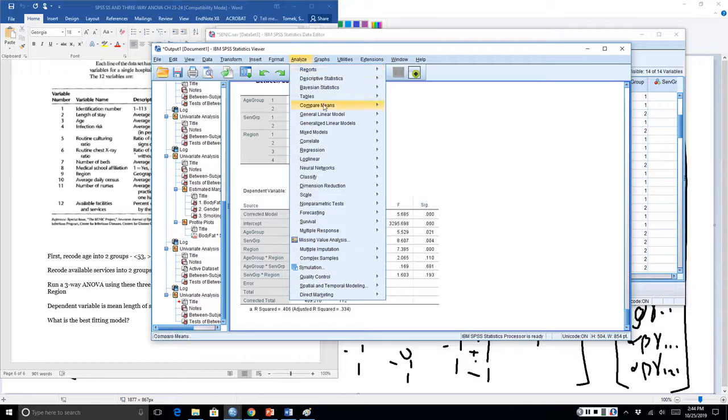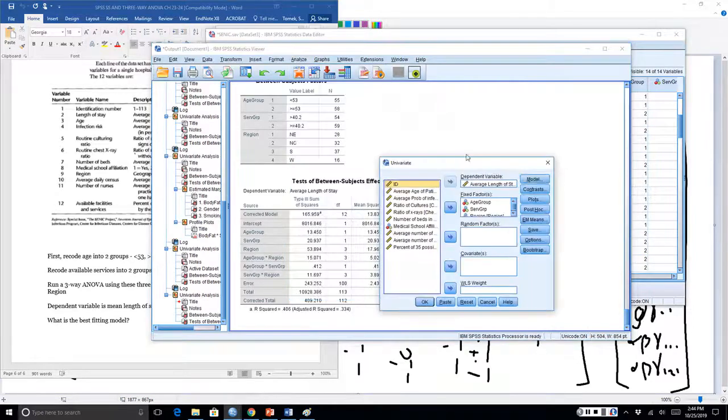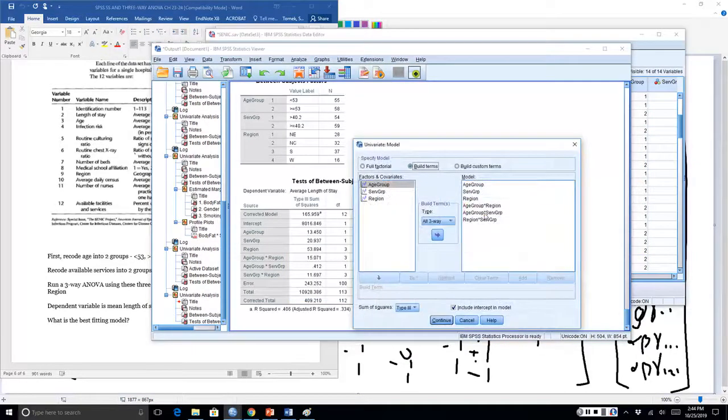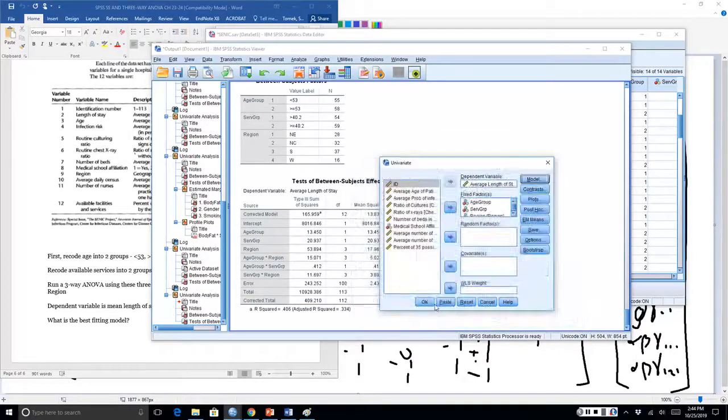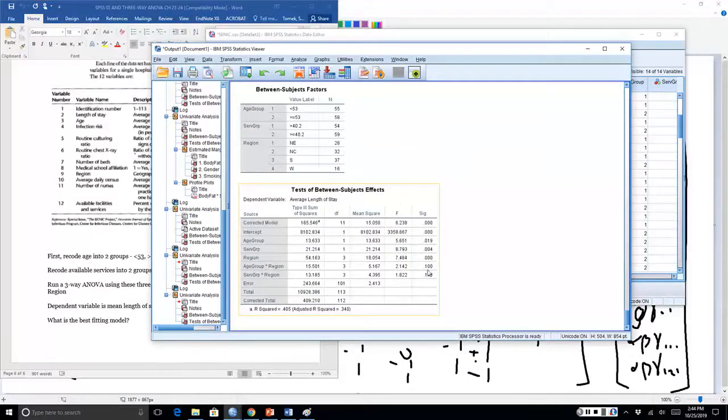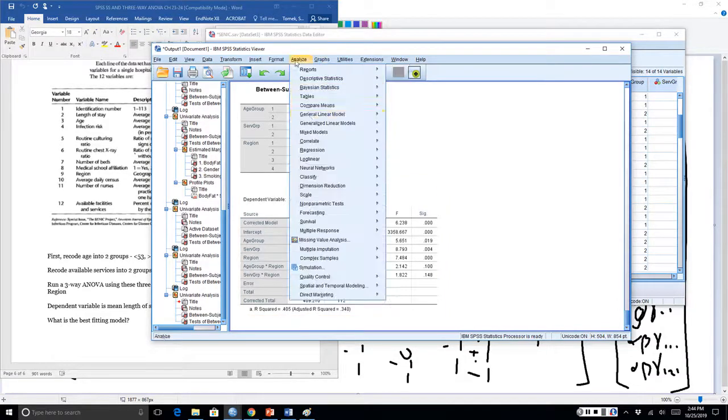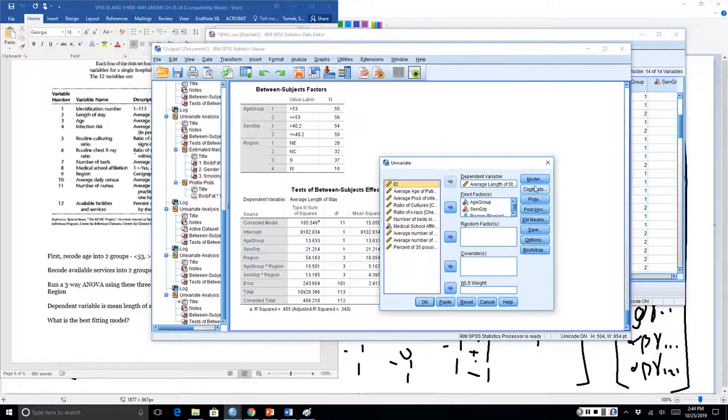Age group by service group. Okay, remove that one. All right, so we're getting close here. But service group by region is still not significant. So we have 1.822. Service group by region.